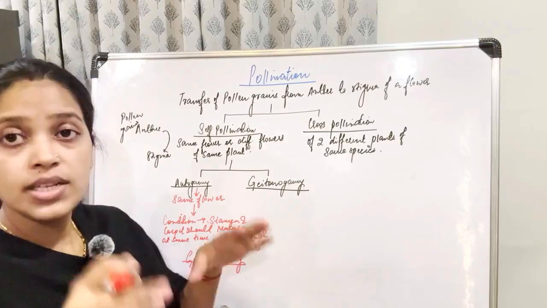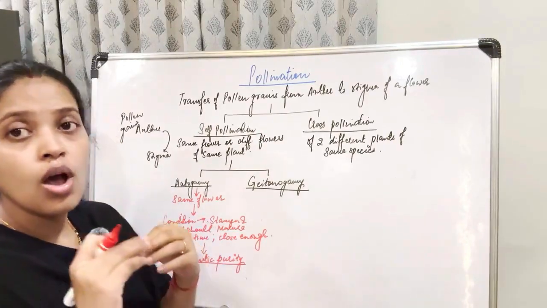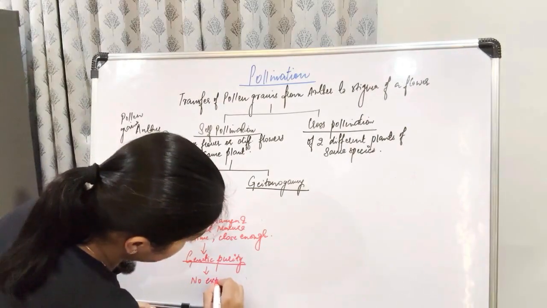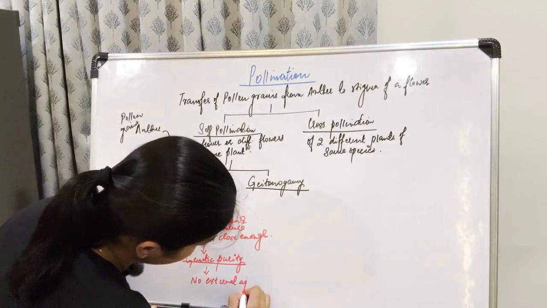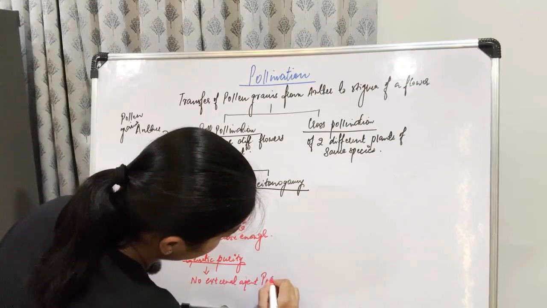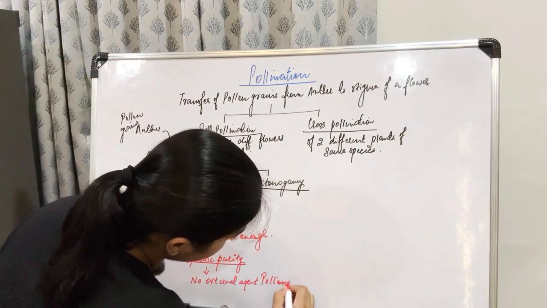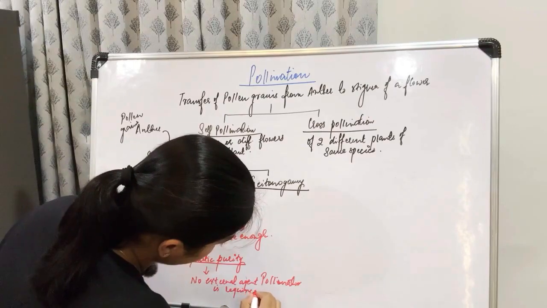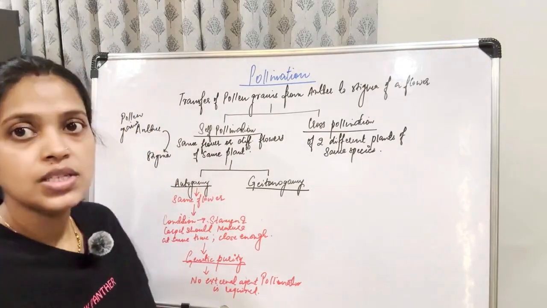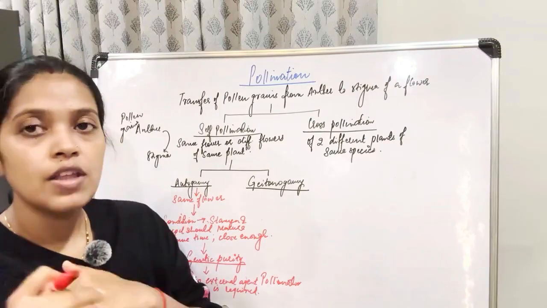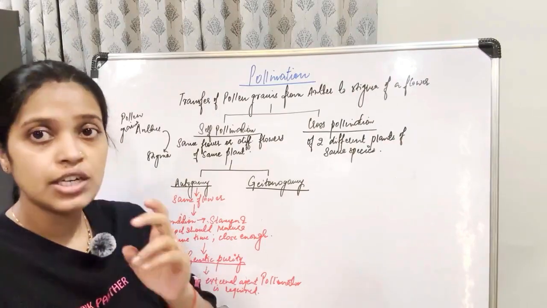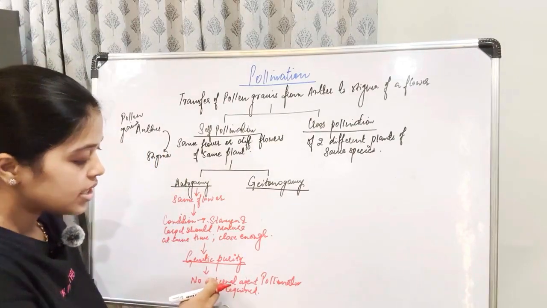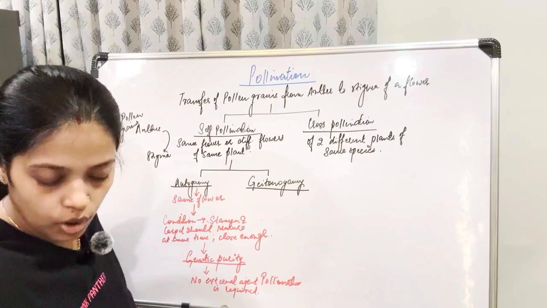Since it is occurring within the same flower, no external agent called a pollinator is required. This makes sense, right? Since it is within the same flower, there is no need of any external agent for the transfer of pollen grains from the anther to the stigma. Those external agents are called pollinators.